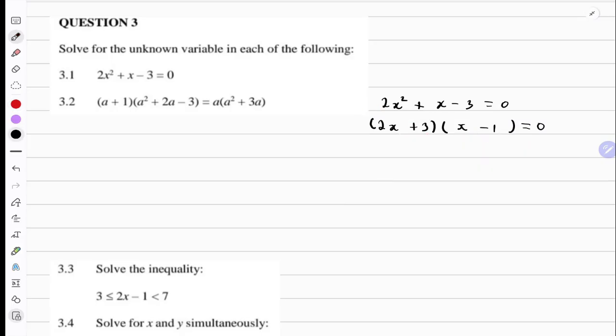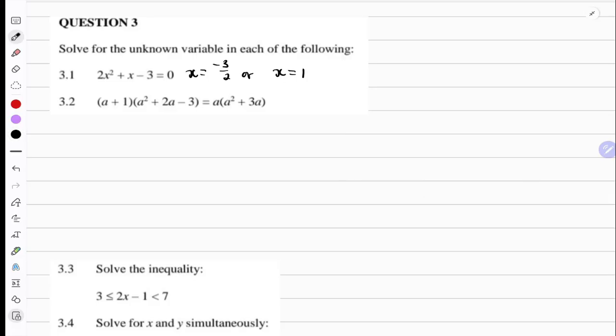So for this equation to be true, it means that 2x plus 3 should be equal to 0, or x minus 1 should be equal to 0. Therefore 2x should be equal to negative 3. This implies that x should be equal to negative 3 over 2, or x should be equal to 1.